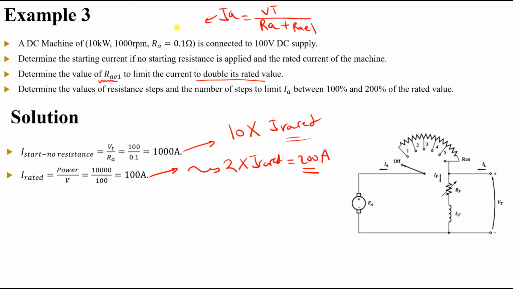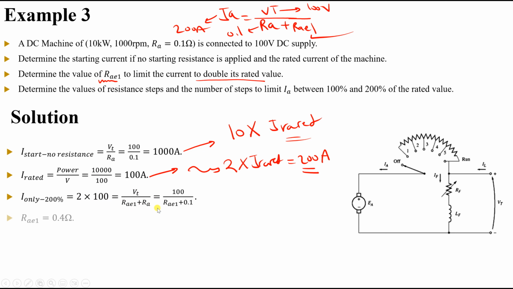Our current is 200 amperes, V_terminal is 100 volt, and R_a is 0.1, so we can get R_e1. 200 amperes equals V_terminal over the new resistance plus the armature resistance. This gives us the starting resistance R_e1 equal to 0.4 ohms, in series with the armature resistance of 0.1 ohms.